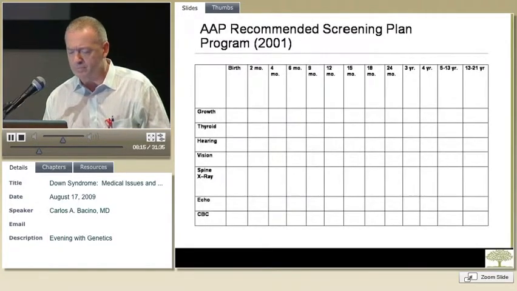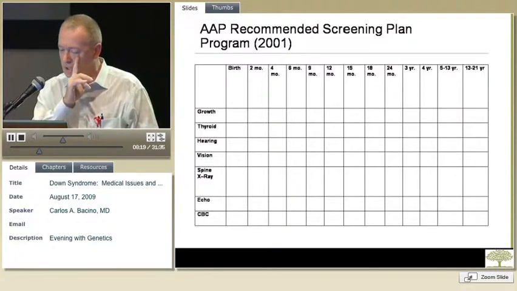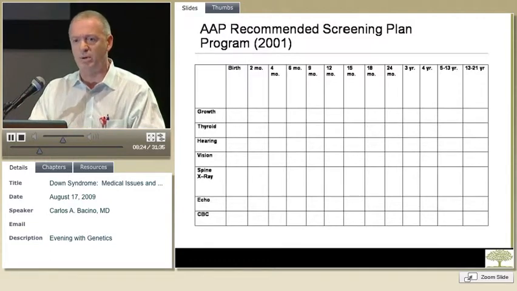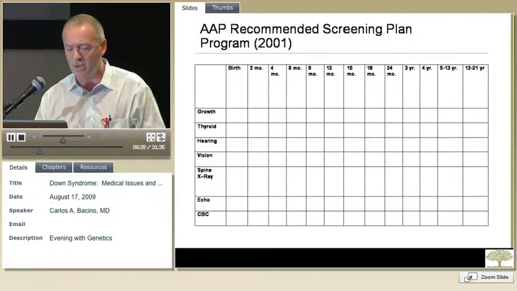In terms of what the American Academy of Pediatrics has recommended, there have been some problems in translation between programs, so I apologize, it doesn't look quite nice.